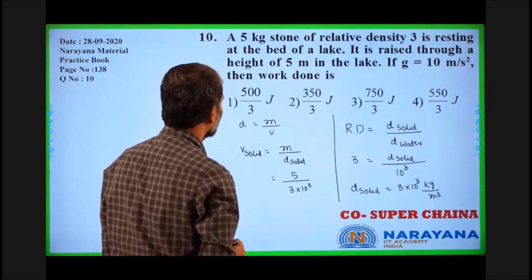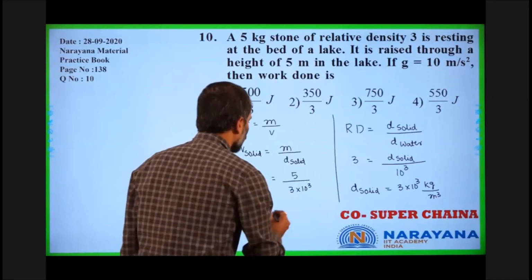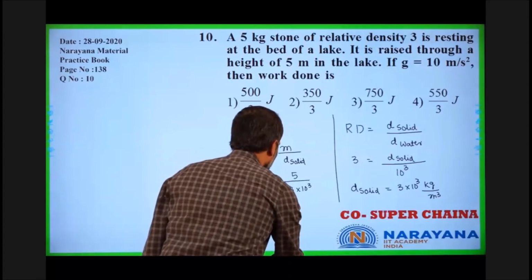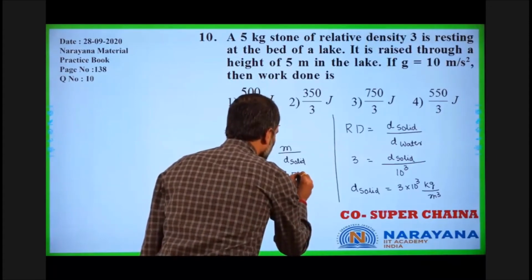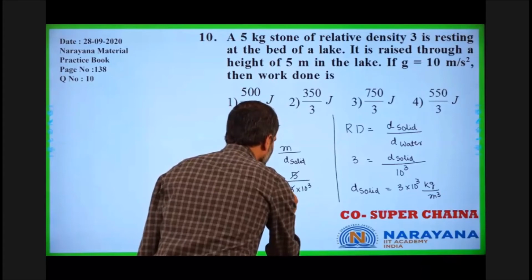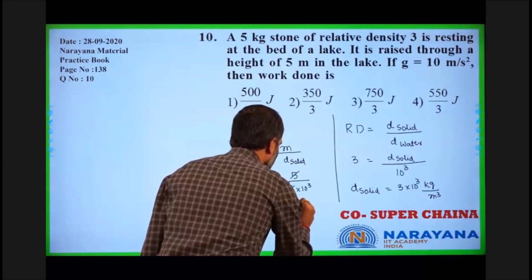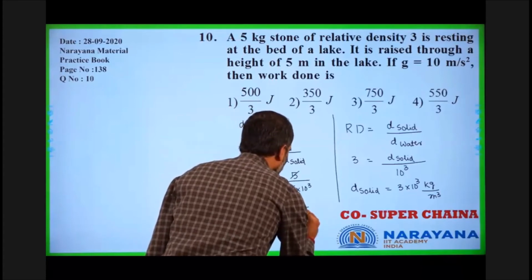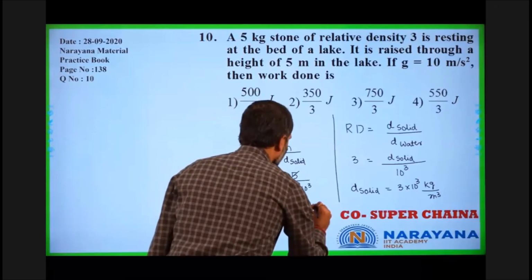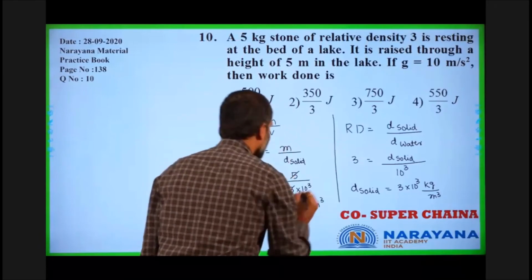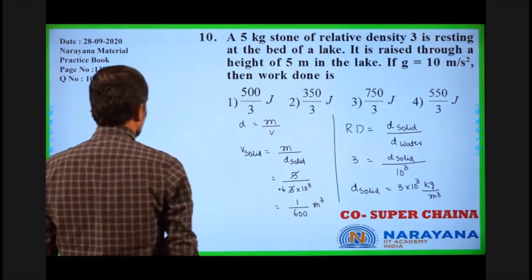Okay, it is given to be this, right? So now here, I can write it as 5 by 3 into 10 power 3, or otherwise it is 1 by 600 meter cube. This is the volume of the solid.